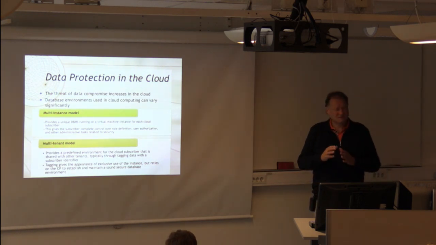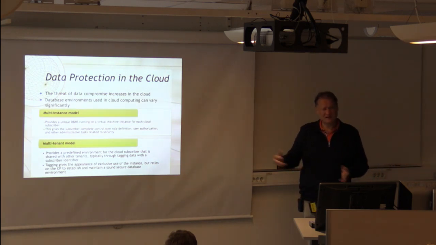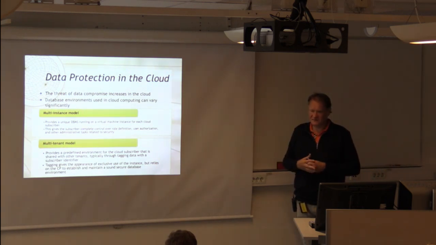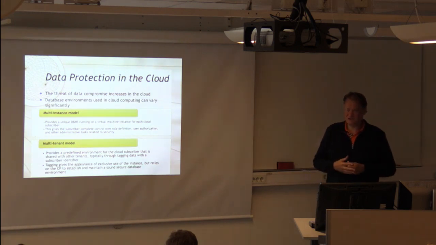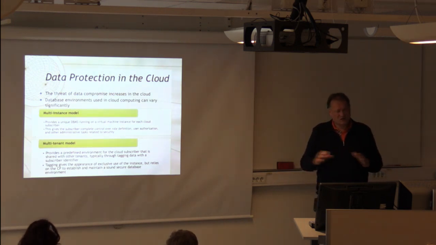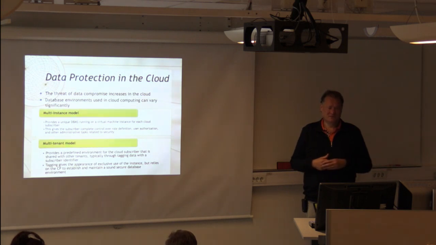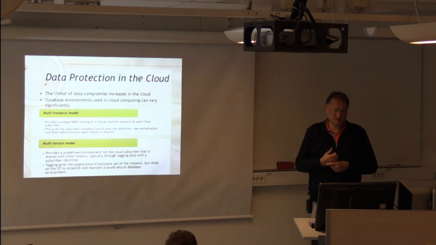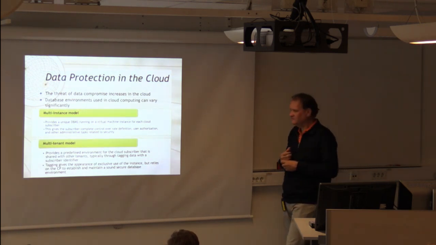So your database is run by one database management system in one virtual machine. Another customer has another database management system running in another machine. So they are logically entirely disconnected. Of course, they are physically still on the same machine, possibly, but they are logically separated at least.